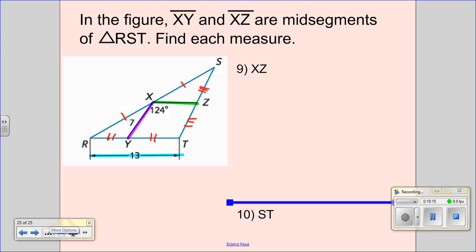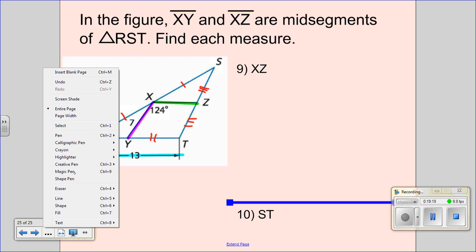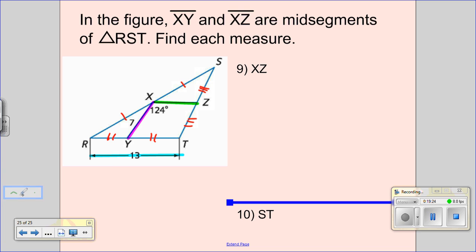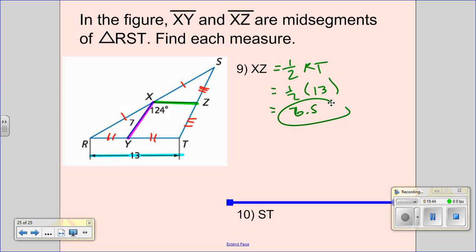So, since XZ is parallel to it, and XZ is the midsegment, I would say that XZ is going to equal 1/2 of RT. In other words, it's going to equal 1/2 of 13, which is 6.5. Sorry. Had a brain fart for a second. Because, like I told you in the summary in the previous slide, midsegment is equal to half of parallel side.